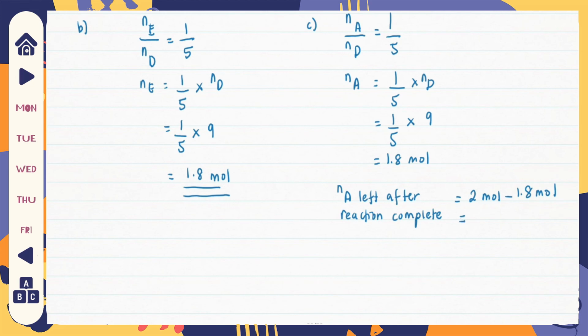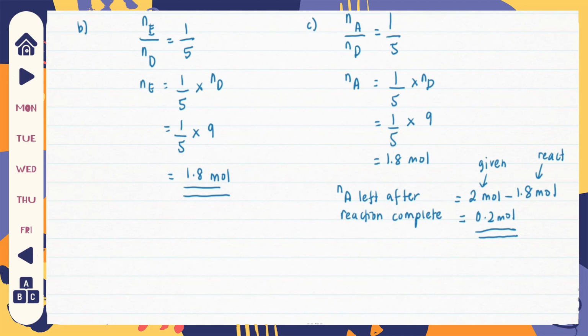So the amount of A remaining after the reaction is complete is 2 minus 1.8, so you will get 0.2 mole. Inilah baki mole A yang tinggal after reaction complete. Sebab yang ni yang diberikan. This one is given. This one is react. Yang bertindak balas hanyalah 1.8 mole. So kita ada lebih 0.2 mole. So, that is your answer.